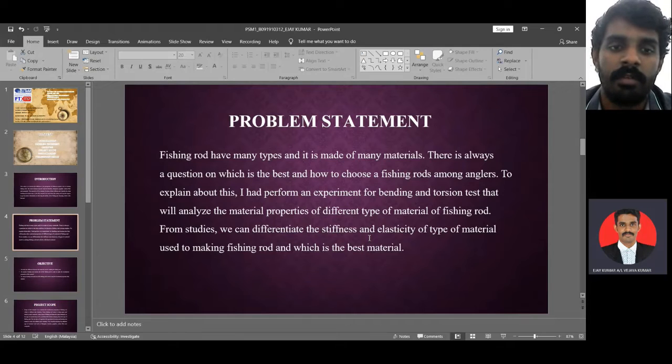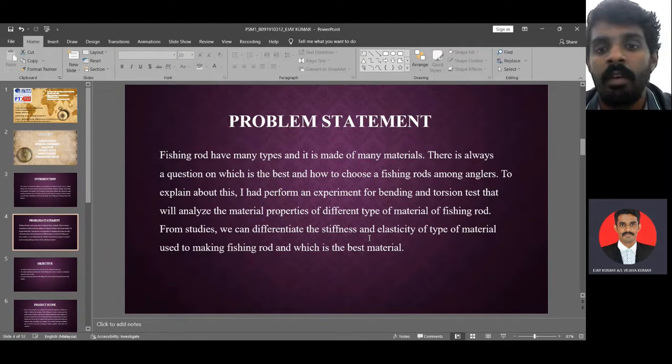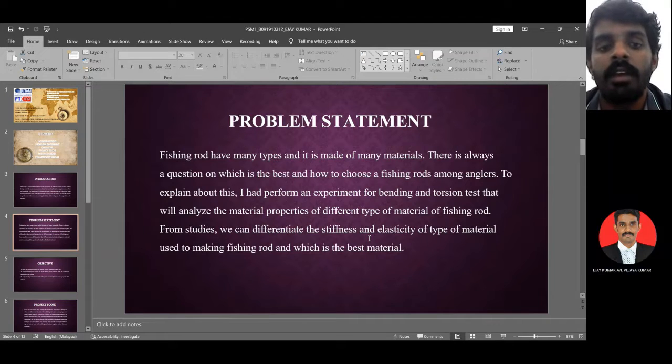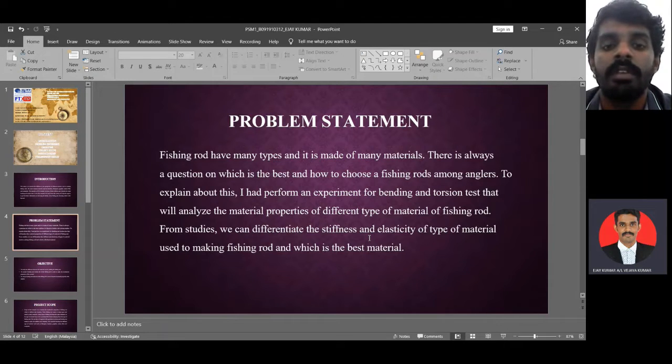Problem statement. Fishing rod has many types and it is made of many materials. There is always a question on which is the best and how to choose a fishing rod among anglers. To explain about this, I had performed an experiment of bending and torsion tests that will analyze the material properties of different types of material of fishing rod.